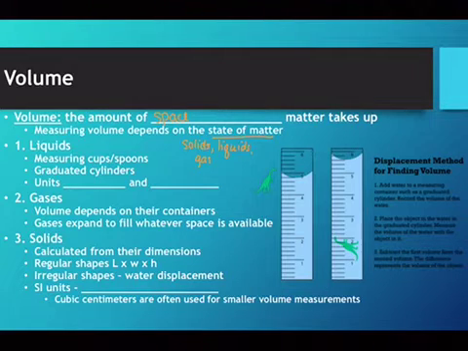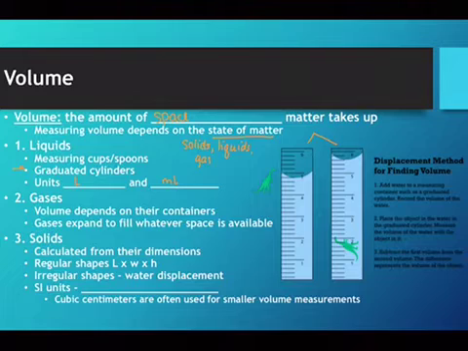So for liquids, in our everyday lives, we use measuring cups and spoons. In science, we use something called a graduated cylinder, which is pictured over here. And our units would then be either liters or milliliters.